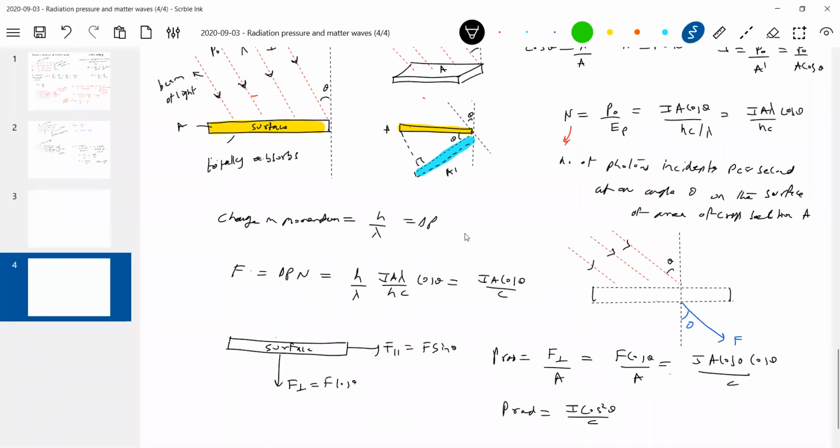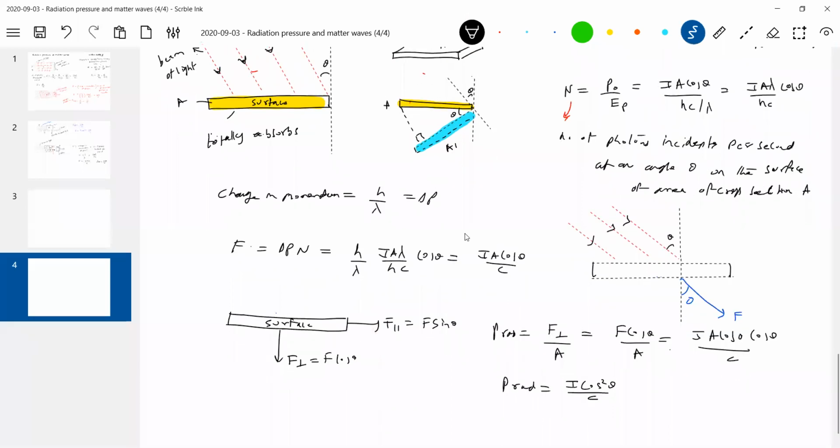And we are interested in radiation pressure. So how much is it? It is equal to this much. So what is the tangential force acting on the surface? Tangential force should be equal to F sin theta. This should be equal to IA cos theta into sin theta by C. This will also exert a force.